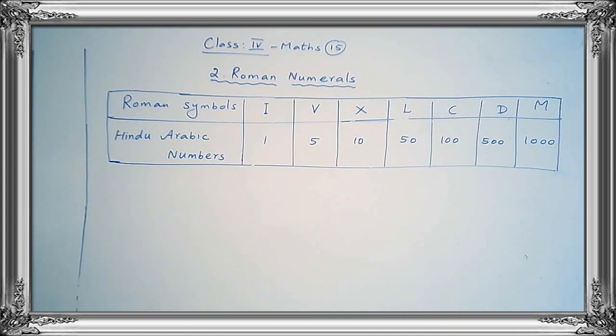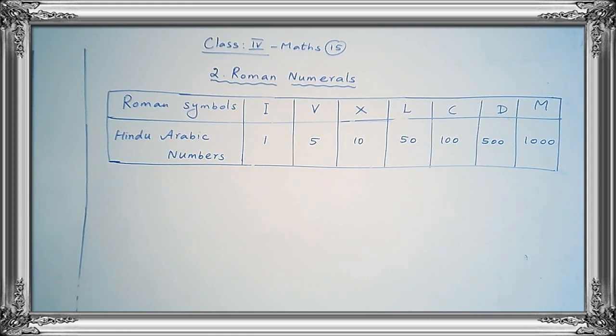Now you draw the table. Copy it in the classwork note. Use the scale when drawing the line. Do not draw the line without scale. Do you hear what I say?